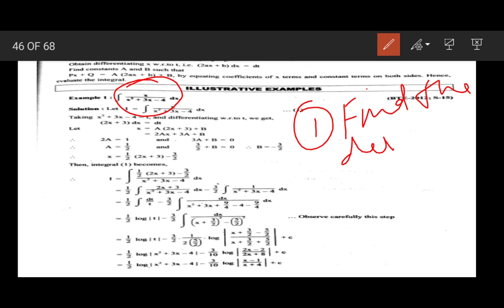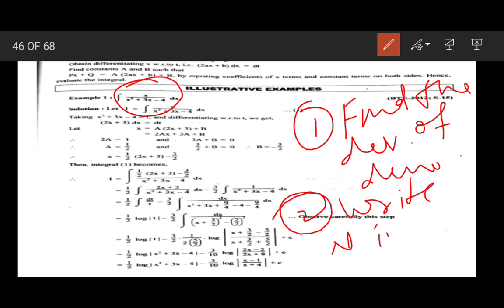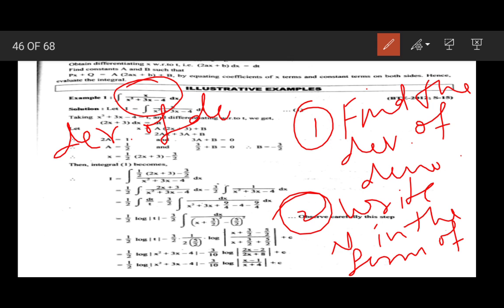Okay, so once again I am repeating this. If numerator is other than 1, okay, if in numerator we are having linear equation and in denominator we are having quadratic equation, then first step is find the derivative of denominator. Okay, then second step is write numerator in the form of derivative of denominator.